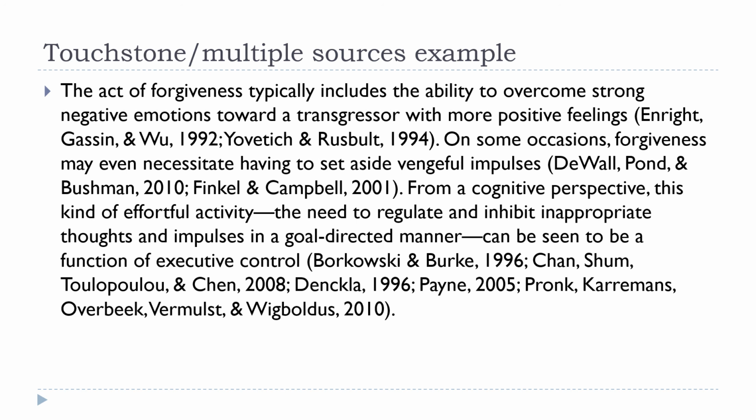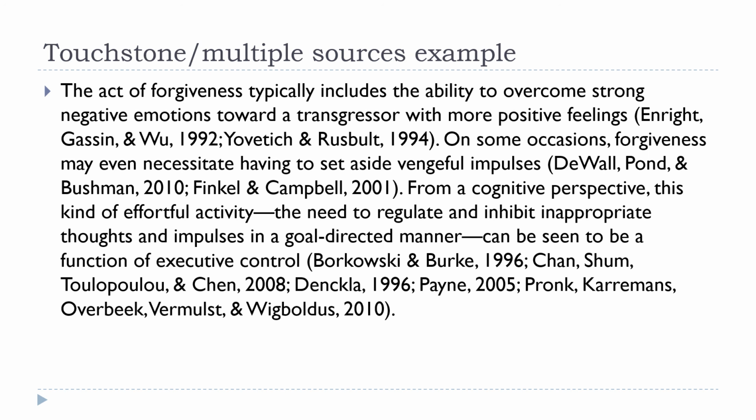This is a chunk of text, but here's a copy of a section from Noreen. I wanted us to take a look at this because you can see how Noreen is clumping together sources to talk about broad findings. For example, it says the act of forgiveness typically includes the ability to overcome strong negative emotions toward a transgressor with more positive feelings. And then it has a source from Enright, Gasson, and Wu, and also a source from Jovitish and Rusbold.